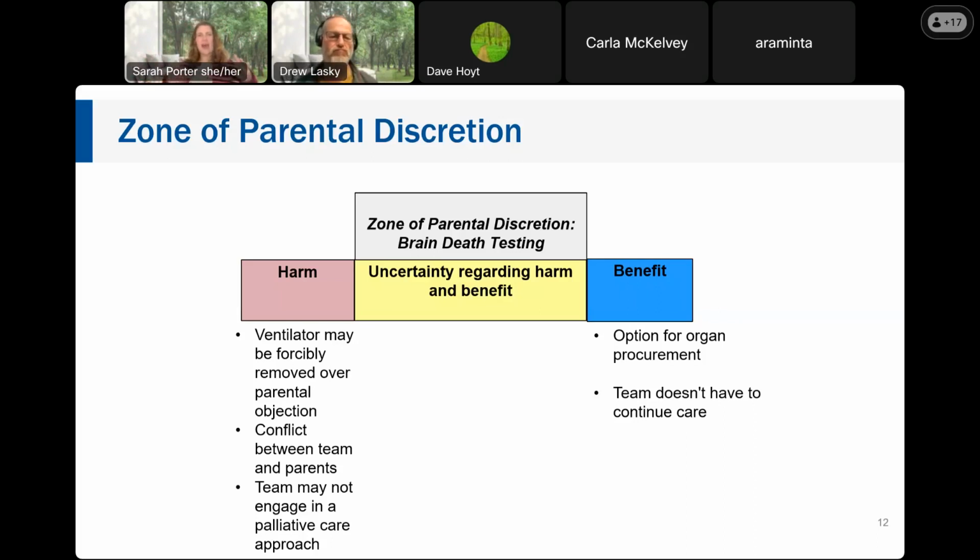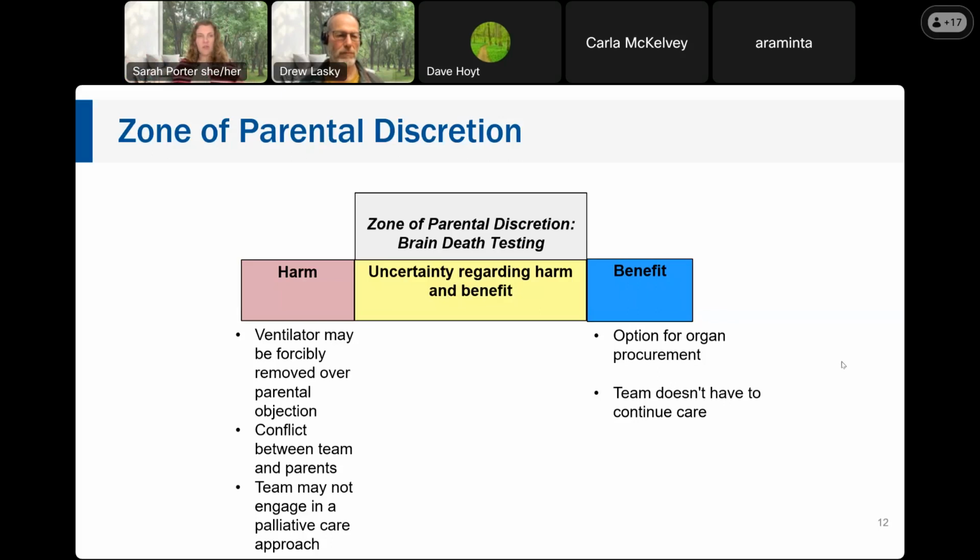The application to testing for brain death is interesting because, as we started, we already said that we don't need consent, which says to ourselves that testing is really up to the medical team. But since we've argued that there's benefit in allowing for dissent, and there's also harm at play, we're making the argument that testing for death by neurologic criteria falls into the zone of parental discretion.